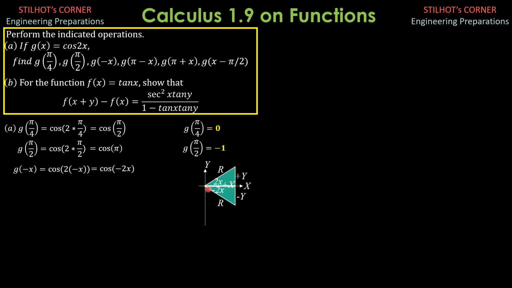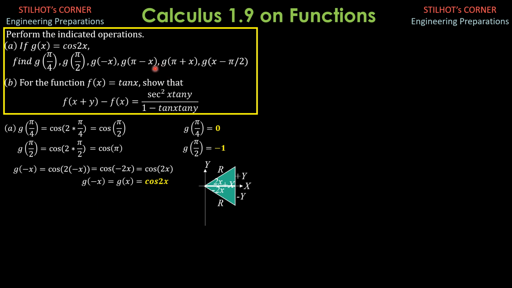Cosine of negative 2x, that's the angle, is equal to positive x over r. And positive x over r is also cosine of positive 2x. Therefore, this is just cosine of 2x. So g of negative x is cosine of 2x, which is also equal to g of x in the original function.